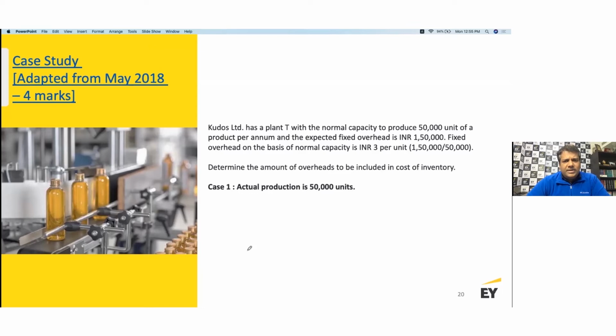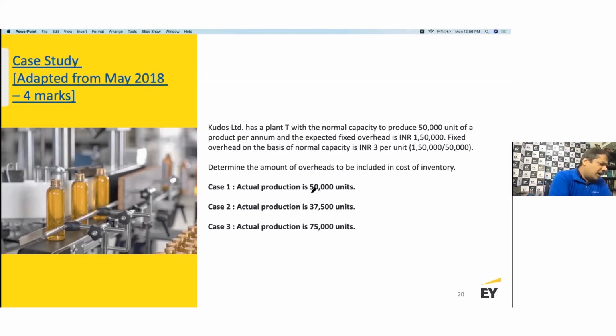There are three different scenarios. Case one, when the actual production is 50,000 units. Case 2, when the actual production is 37,500 units. And case 3, when the actual production is 75,000 units. So we are talking about three different scenarios, but the cost is the same.